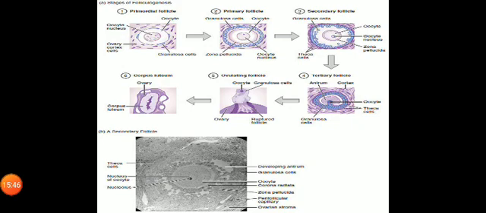In the secondary follicle, the theca cells appear. The size of the oocyte again increases, and again proliferation of the granulosa cells occurs. This proliferation causes the generation of the antrum, and the antrum is filled with fluid. So the antral cavity is formed by the further proliferation of the granulosa cells.